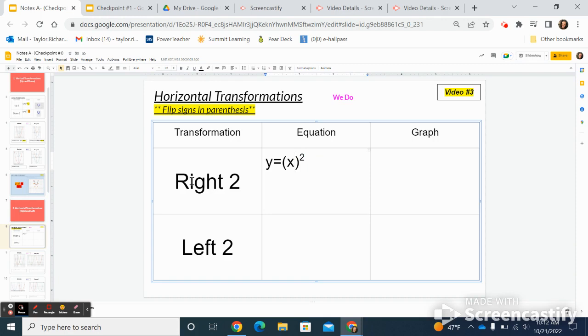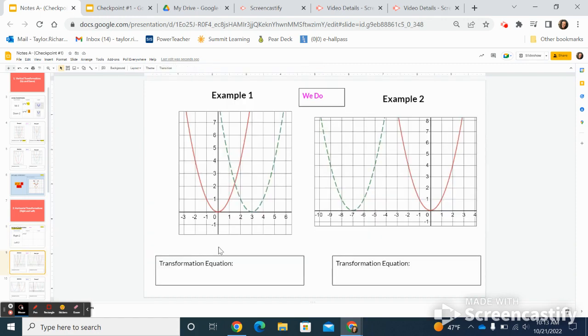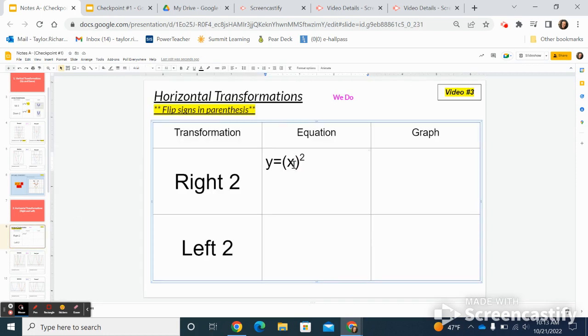So if I want to go right 2 on a graph, like this one right here, I'm moving to the right. To the right on a graph is all positive numbers: +1 to the right, +2, +3. But even though they're positive, when we put them in the parentheses, we're going to flip the sign.